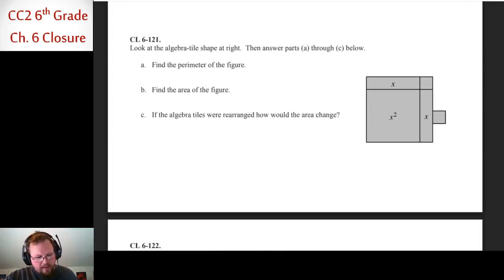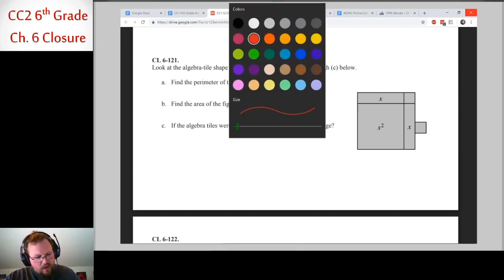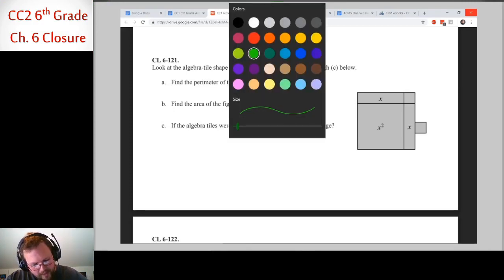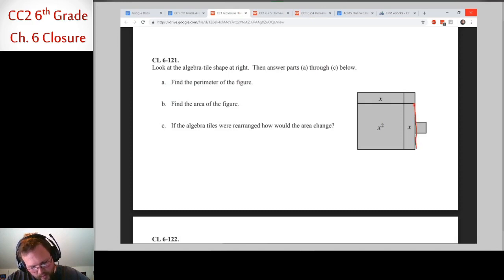On 6-121, the main thing that I will address is this right-hand side again. Originally, it would have had a length of x all the way from top to bottom, because this length is x and this length is also x. However, there has been a little piece chopped off of it, which is this 1 unit.